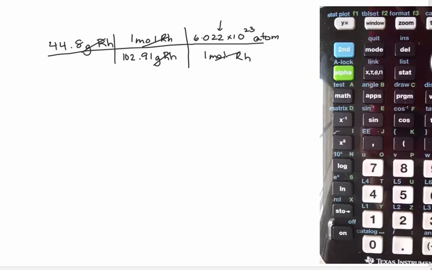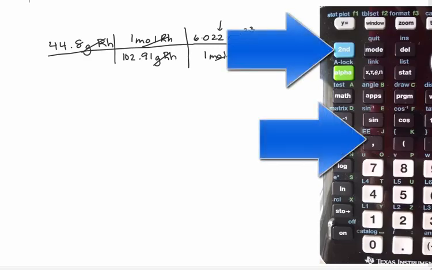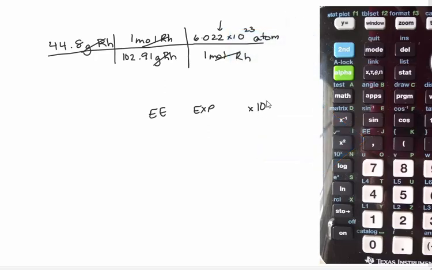So now I do this arithmetic, and it is important that you enter this into your calculator correctly. You're going to be looking for an EE, or you're looking for EXP, or on some calculators you'll have a button that looks like this. So these are the things you're looking for.